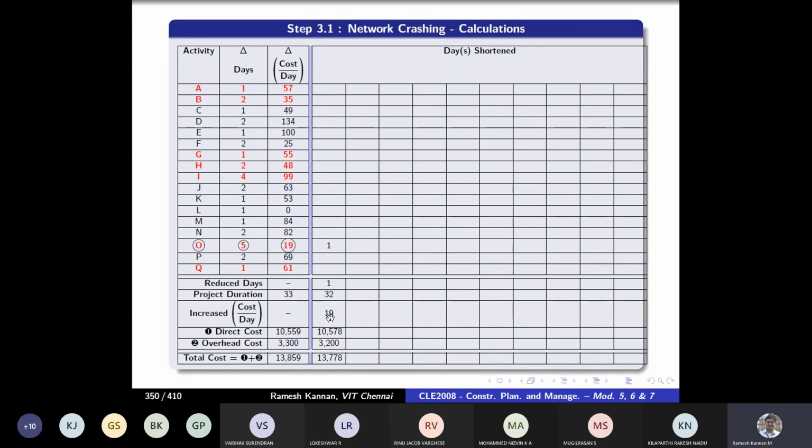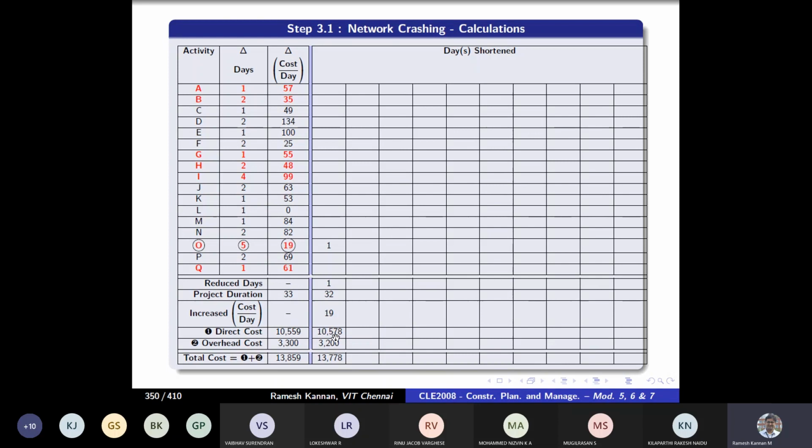So the direct cost, which is the total normal cost, will have an additional cost of 19 rupees. And the overhead charges, we might have saving because we don't have 33 days anymore, we only have 32 days. So 32 into 100 will become 3200.